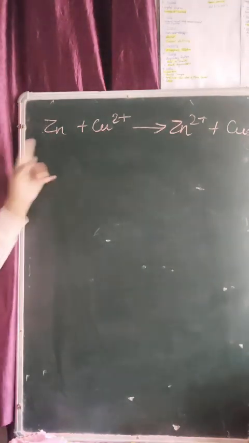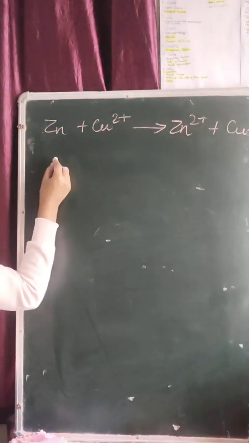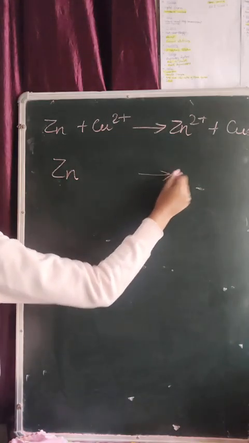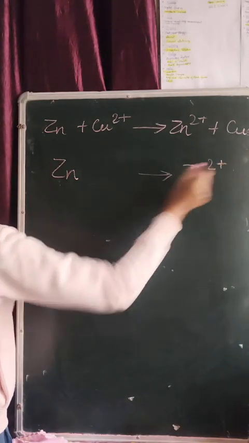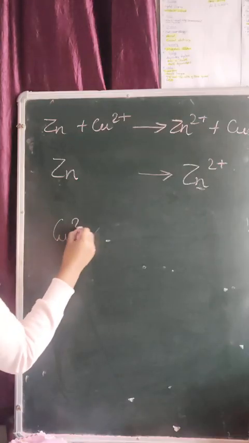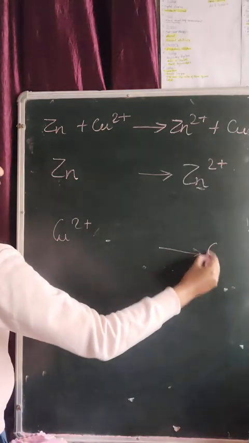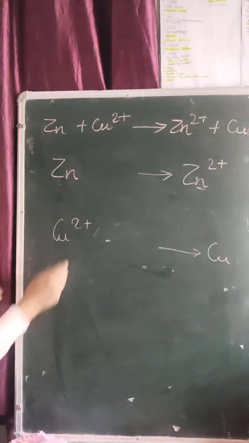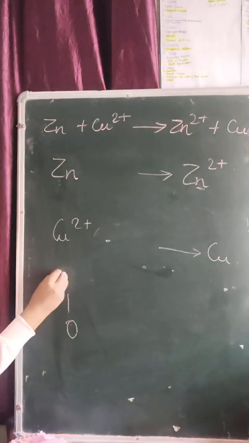If we take one element, Zn gives Zn2+, and Cu2+ gives Cu. Here the maximum is 2, so we'll write 0, 1, 2.